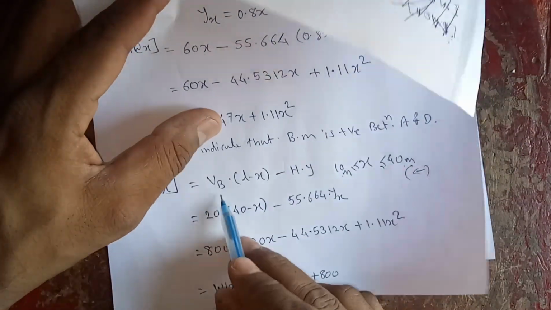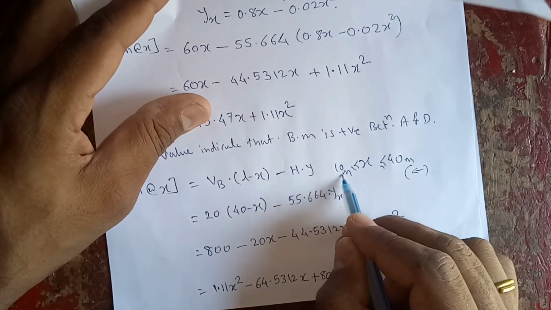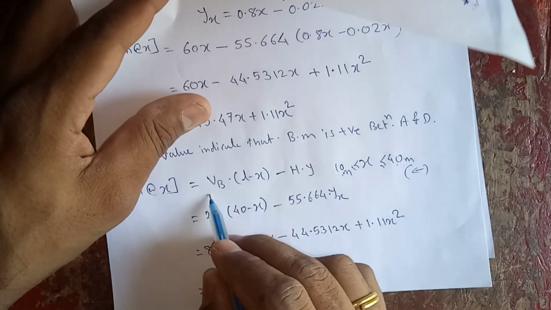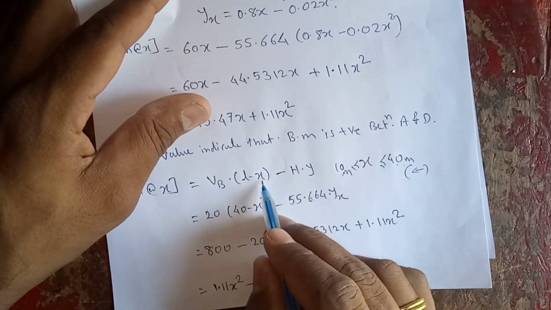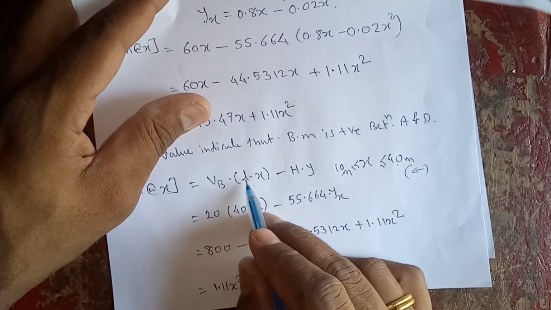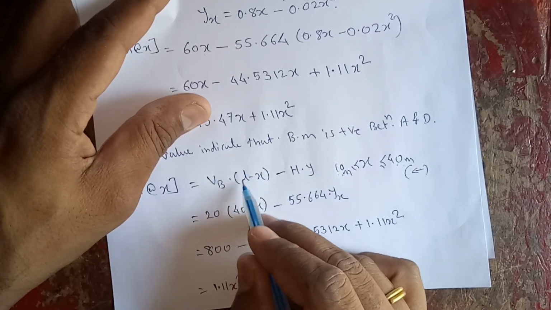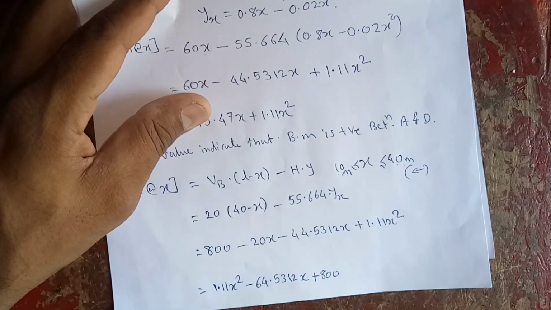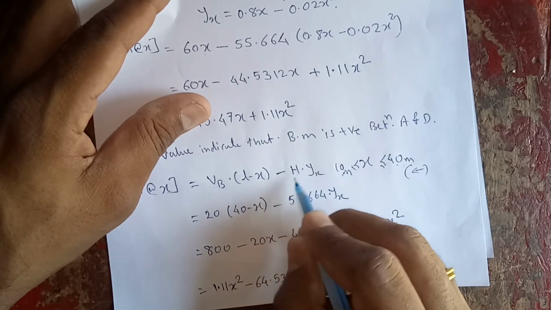So now we are calculating bending moment at x distance from 10 to 14 meter span. So VB into L minus x, that is the distance from B support, and this will be sagging moment, and then the horizontal thrust moment will be HB into YX.